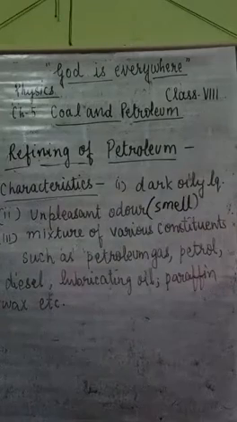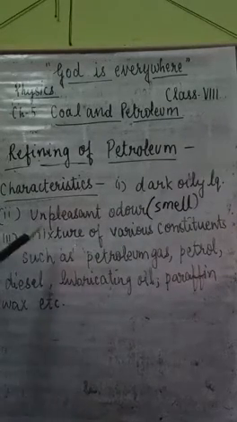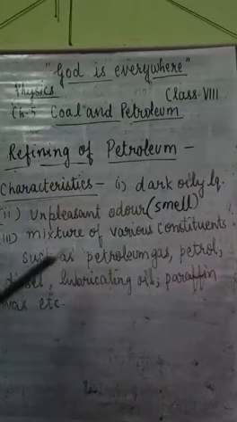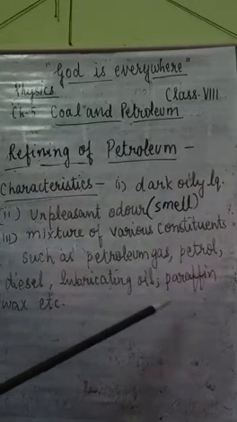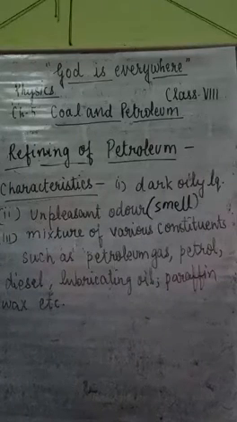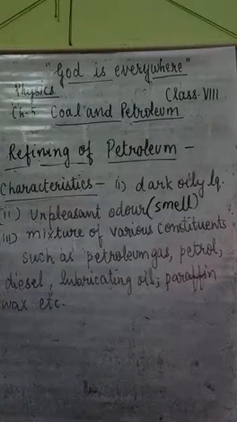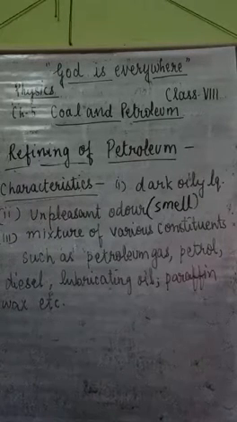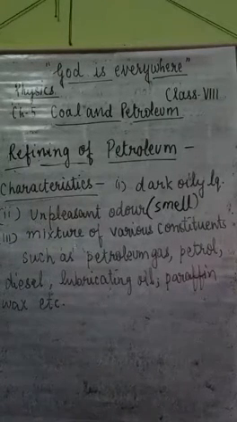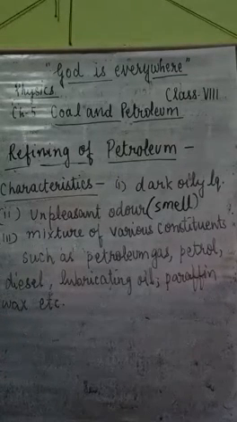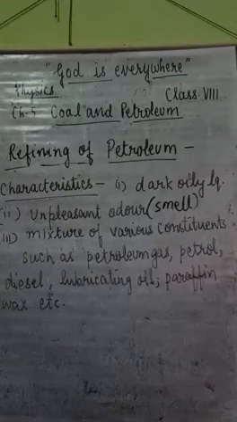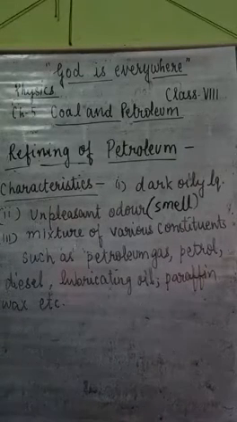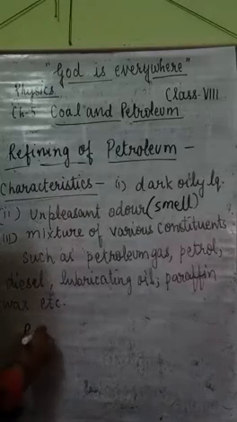It is a mixture of various constituents such as petroleum gas, petrol, diesel, lubricating oil, paraffin wax, etc. The process of separating the various constituents of petroleum is known as refining, and the place where it is carried out is known as a petroleum refinery.